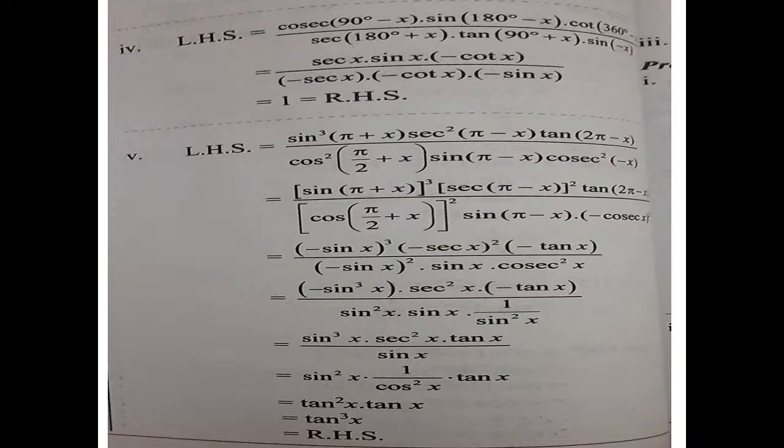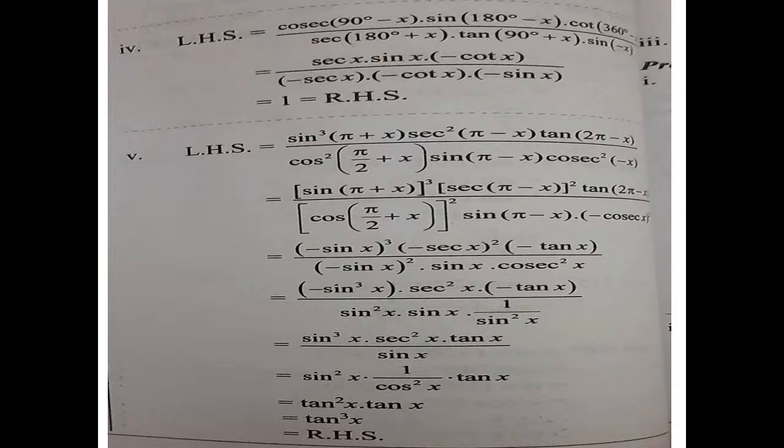Sin(-x) is equal to minus sin x, that is sin(0 - x), or sin(-theta), which is equal to minus sin theta. Okay, so sin x cancels, minus cot x cancels, sec x cancels, so we get 1. This we wanted to prove.